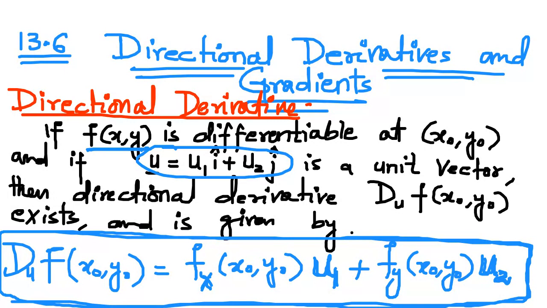Now, if you have a three-dimensional function, a function with three variables, what will the formula be?